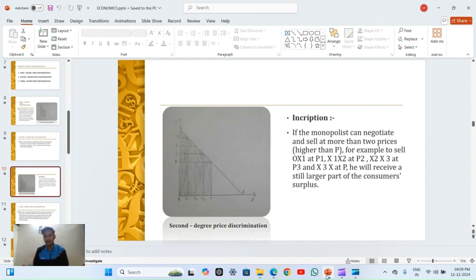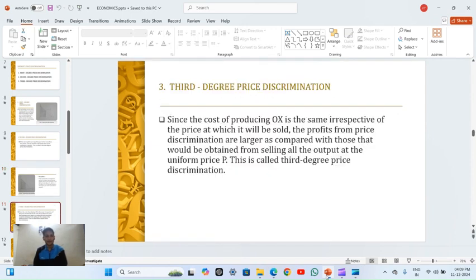The description of this graph is that the monopolist sells OX1 at P1, X1X2 at P2, and X2X3 at P3, and he will receive a larger part of the consumer surplus.